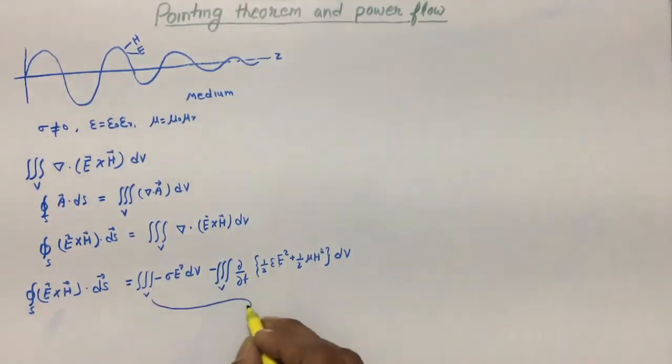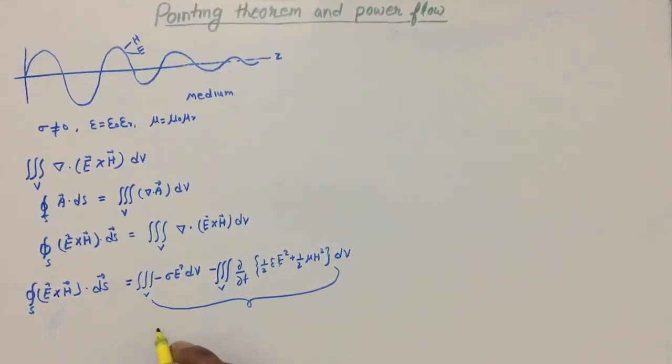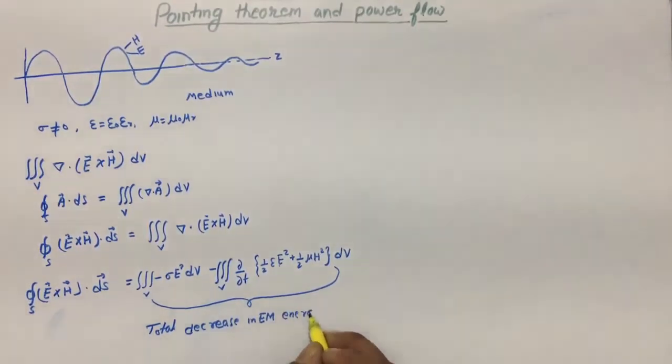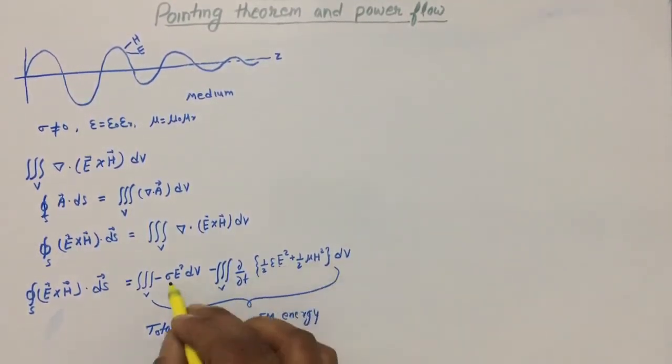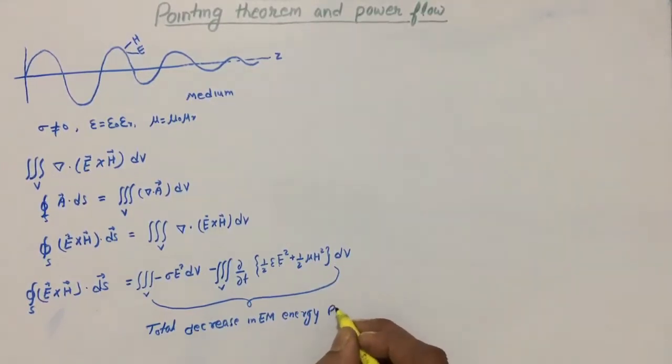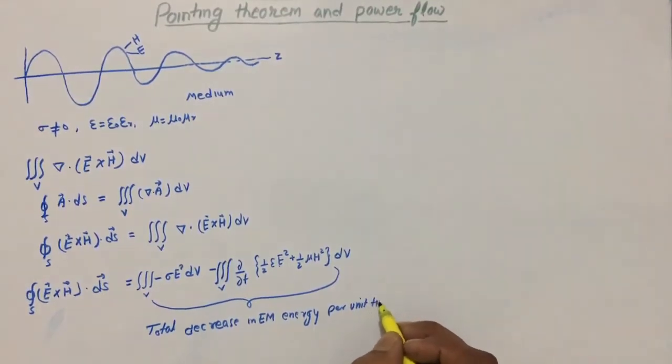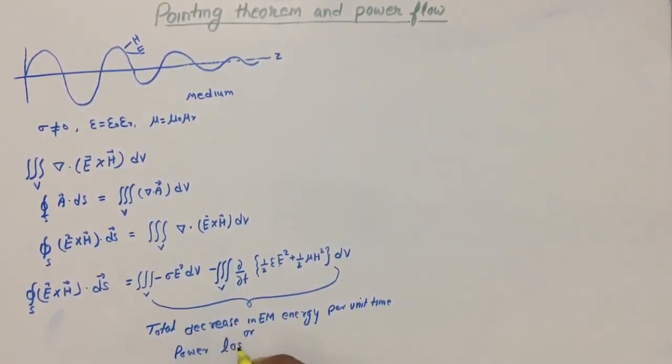Including these two, this is the total decrease in electromagnetic energy per unit time, and due to per unit time, this is power loss from the entire volume.